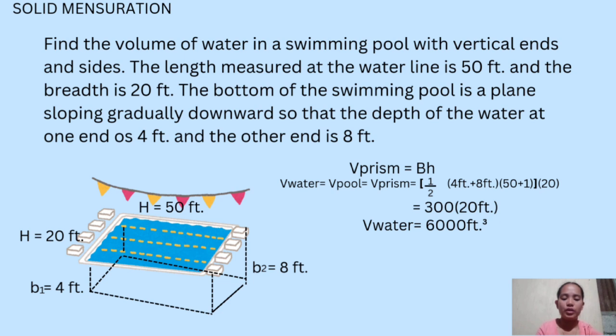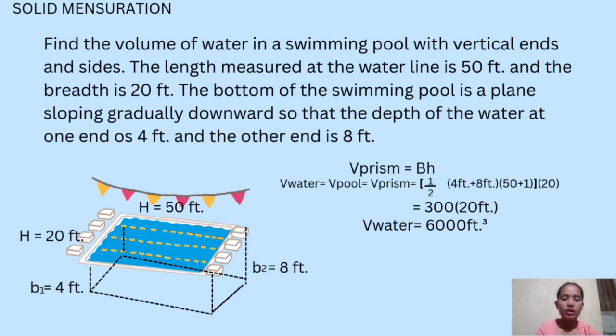Let's look at the picture below. We have the formula of a prism: half times base 1 plus base 2 times height. In the picture, our base 1 is 4 feet and base 2 is 8 feet. We also have the height of 50 feet. Let's solve now our prism. Volume of water equals pool equals prism equals half times 4 feet plus 8 feet times 50 times 20.